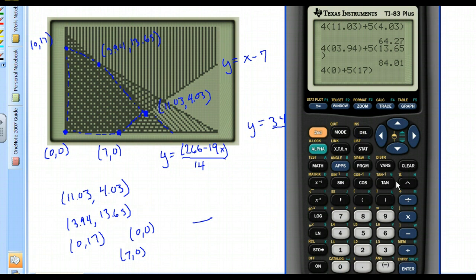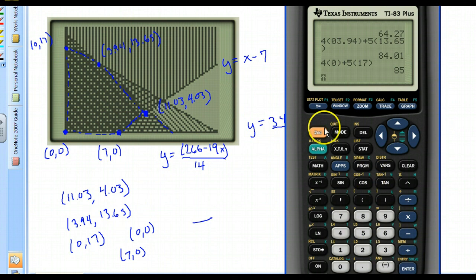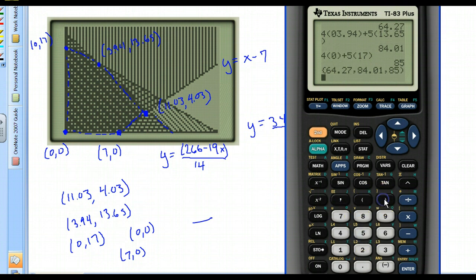Delete, delete, delete. 85. Alright, and then getting ready to lose the 64, so I'm going to write it 64.27, 84.01, 85. So those are the three I have so far.